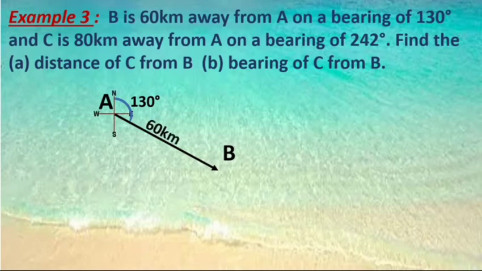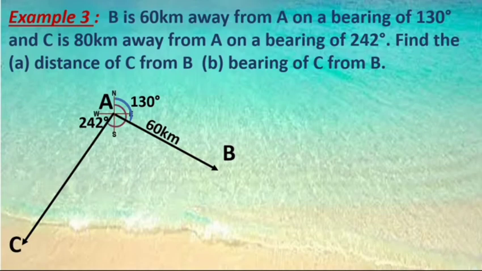The next step is to locate point C, which is on a bearing of 242 degrees from point A. So once again at point A, I'll start from the north, counting in the clockwise direction, an angle of 242 degrees, where I will draw a straight line 80 kilometers long to my point C.